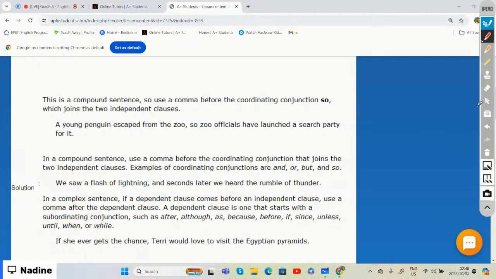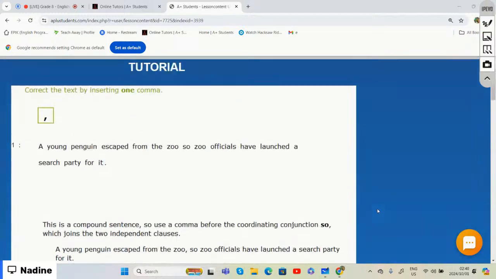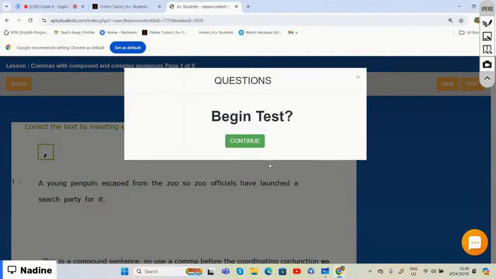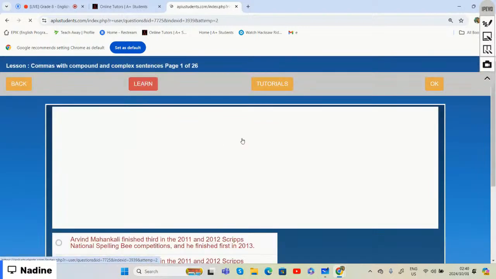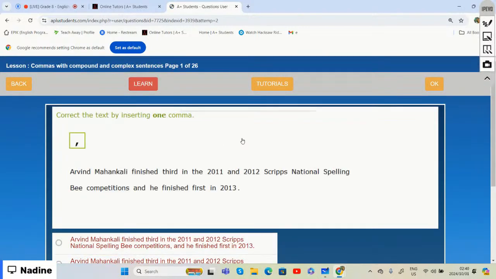All right, so now we're going to our test where we are going to use commas with compound and complex sentences. We need to correct the text by inserting one comma. So now we need to see if it is a compound sentence or a complex sentence.